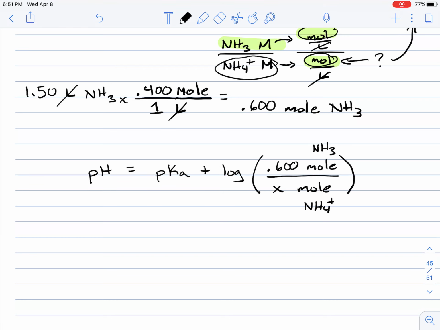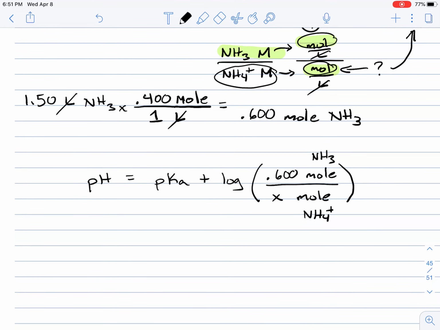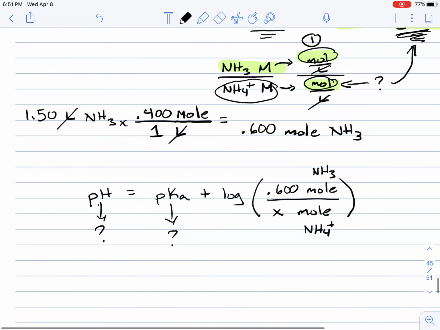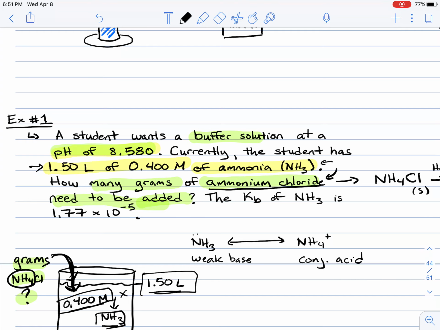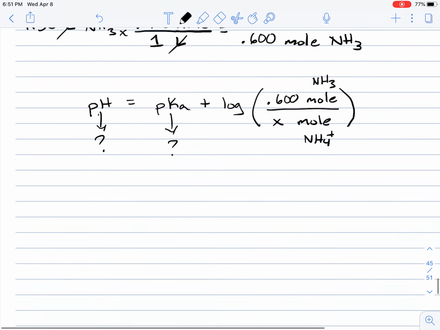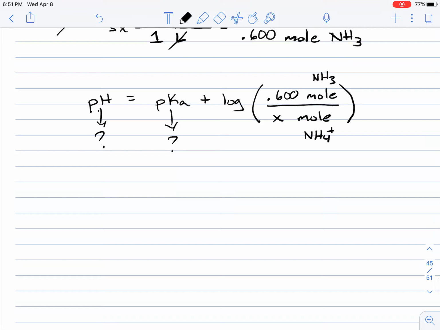And so before we can figure that out, we need to plug in a couple numbers. We need to plug in pH, and we need to determine what the pKa is of the solution. The pH is already given to us in the problem. It's 8.580. Okay, so I'll go ahead and write that down.